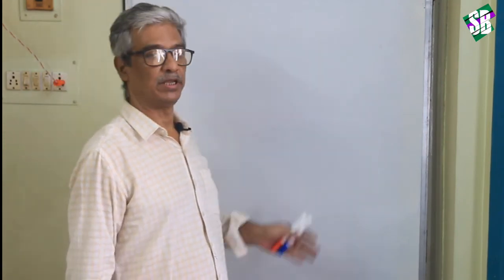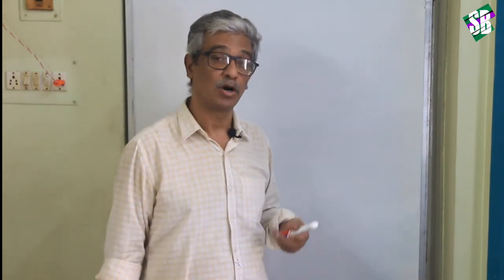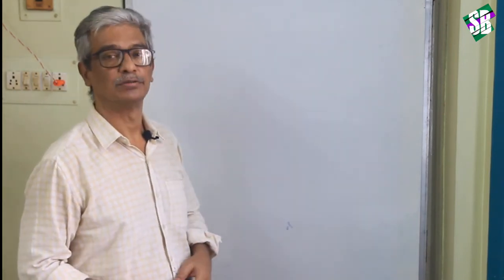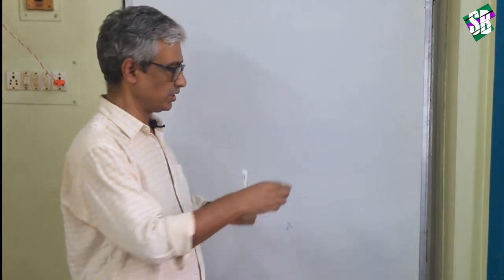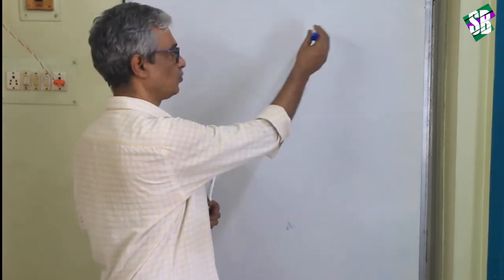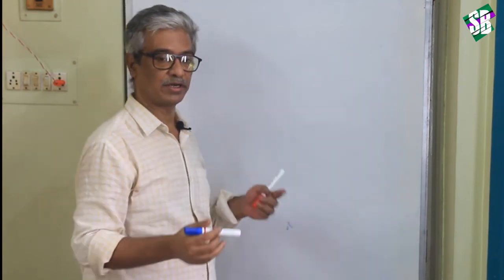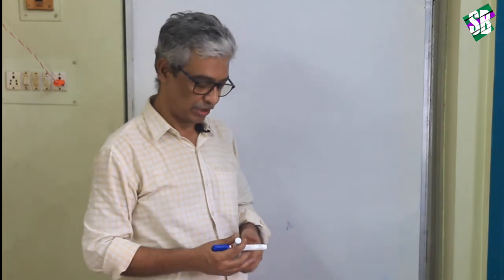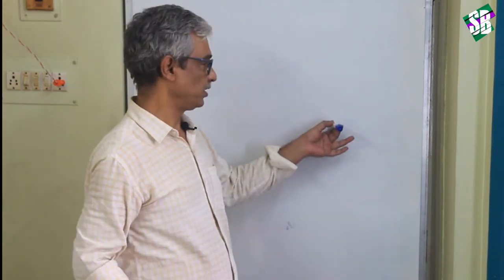Suppose this is the plane of the board. Now the question is, how many unit vectors are there perpendicular to this board? This is one vector. Remember, these vectors are counted as one single vector, because if you shift a vector parallel to itself, there is no change.